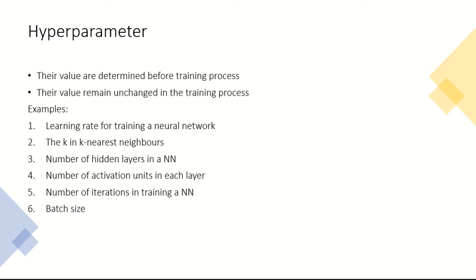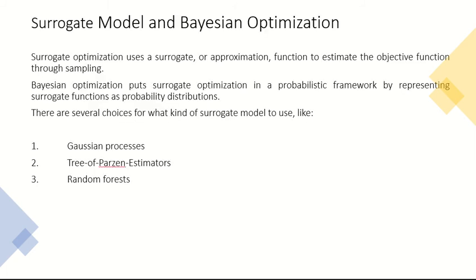And we also have different optimization methods, but one of them is Bayesian optimization, and I want to explain about that. But now I want to introduce you to the surrogate model. What is a surrogate model?